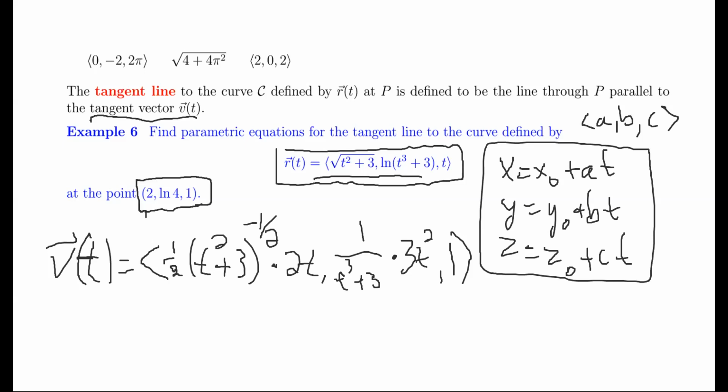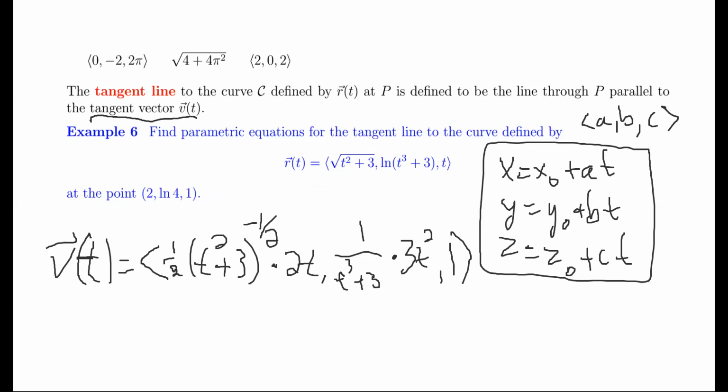So what t value creates this point right here? Well, notice that the z coordinate is t and z is 1 here. That really implies that t is 1. Let's verify.